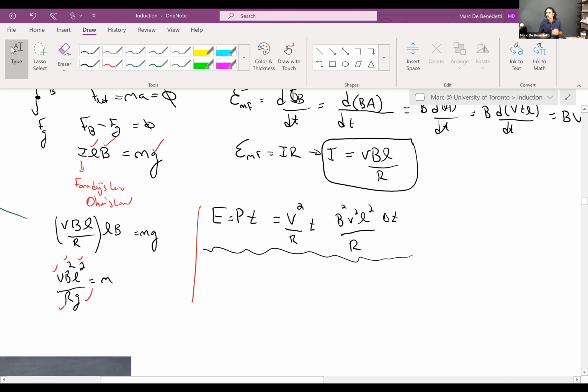If it weren't for blank, Faraday's law wouldn't kick in. And the answer is gravity. Gravity is the force responsible for pulling this rod down, which is what is changing the area, which is what's inducing the voltage through Faraday's law, which is what's causing the current.